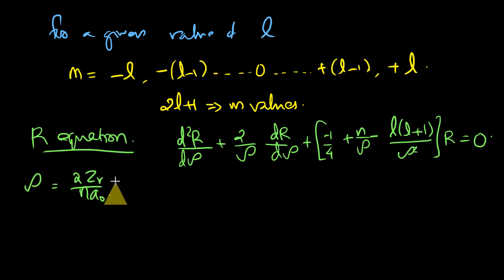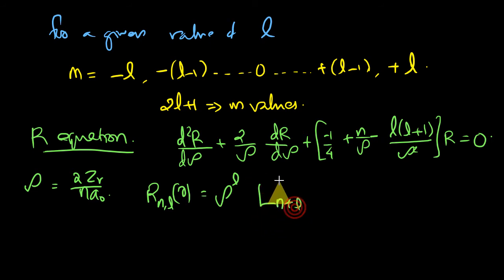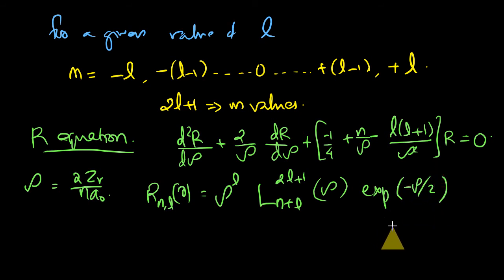And we found the solution of this equation. From here we solved for R, and the solution of this equation is R n L of r is equal to rho raised to L, L n plus L, 2L plus 1 of rho, then exponential minus rho by 2. Okay, this was the solution of this equation, where rho is equal to 2Zr by n a0.